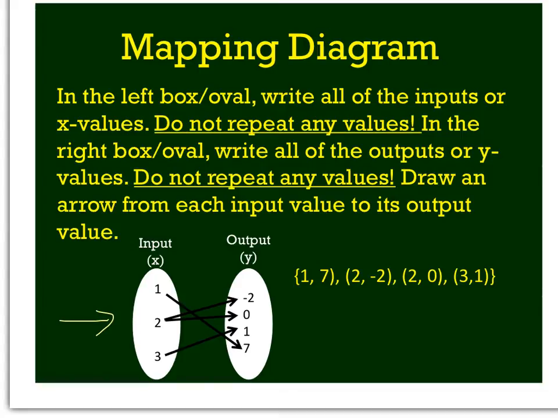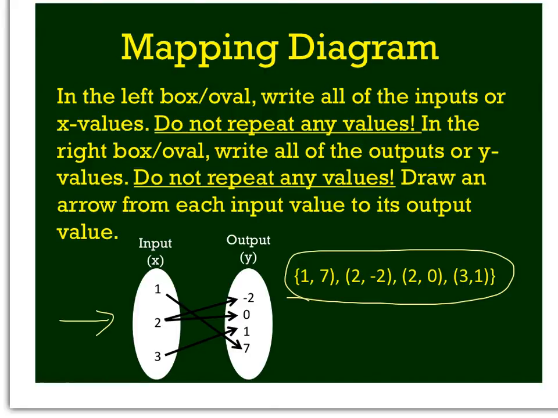So you'll see that we have a line drawn from 1 to 7, 2 to -2, 2 to 0, and 3 to 1. What we do here is this represents ordered pairs. The input is our X value, the output is our Y value. So we could have taken ordered pairs like we have here and put them into a mapping diagram.